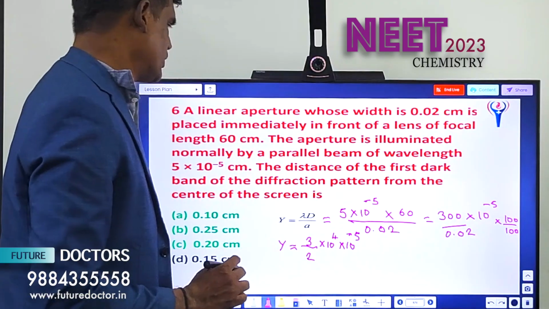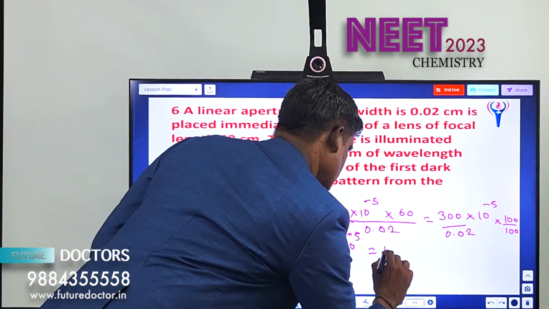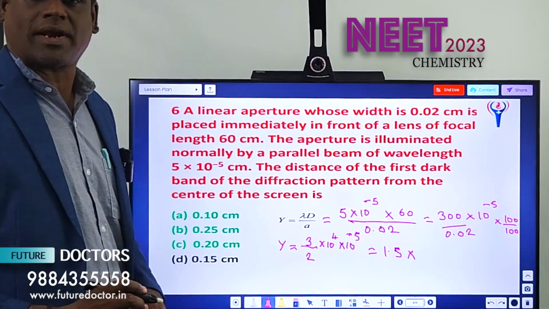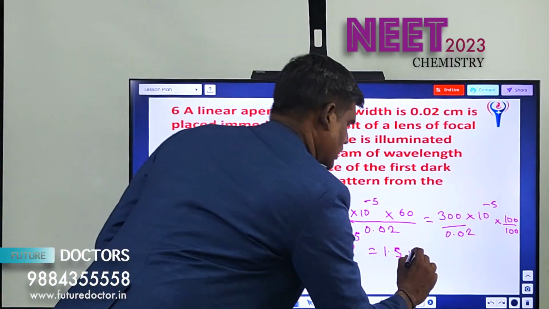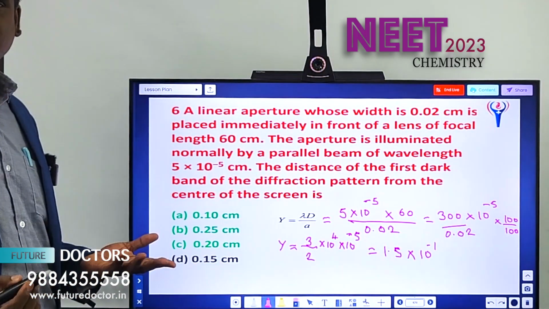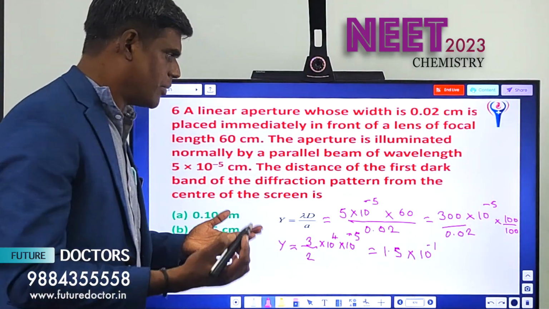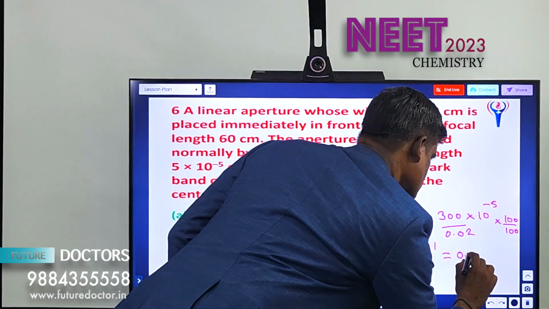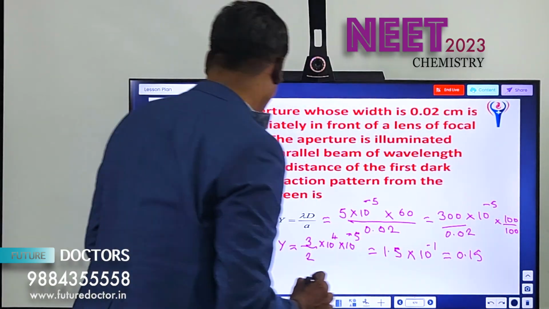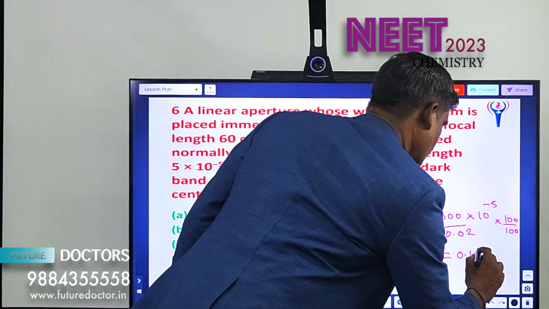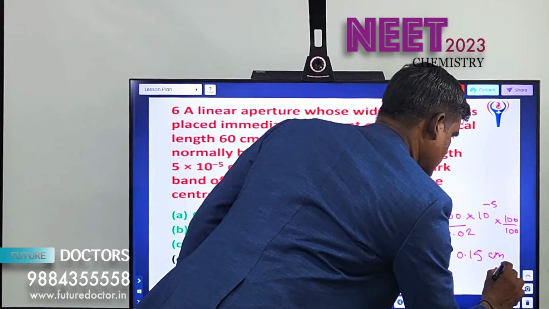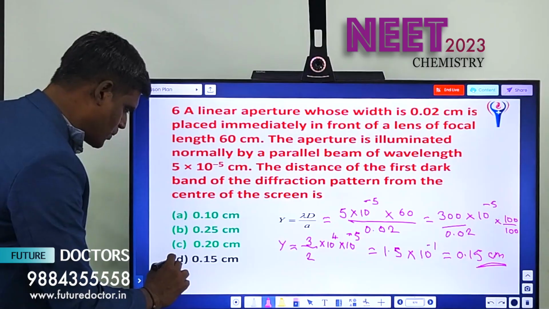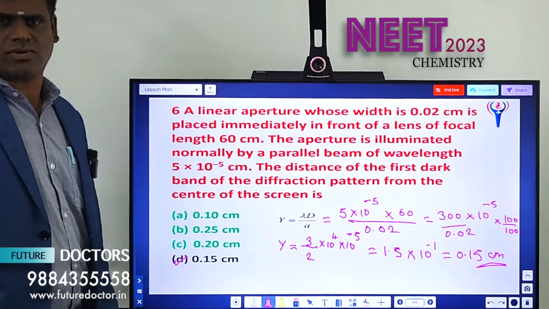Then 3 by 2 is 1.5. 1.5 into 10 power 4 into 10 power minus 5 is 10 power minus 1. 1.5 into 10 power minus 1 is nothing but 1.5 divided by 10, that is equal to 0.15. And already it is in centimeter, we haven't converted into meter. So 0.15 centimeter, that is option D, is the correct answer.